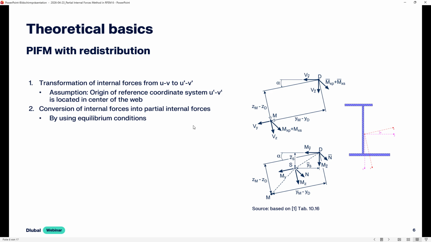Okay, and if we have finished that, we can finally start with the design check. And this design check starts with the verification of shear internal forces.